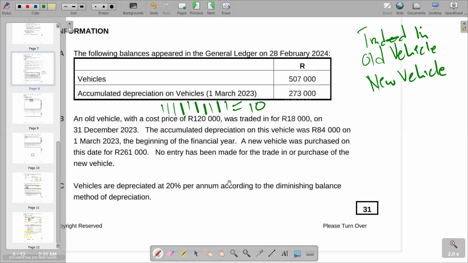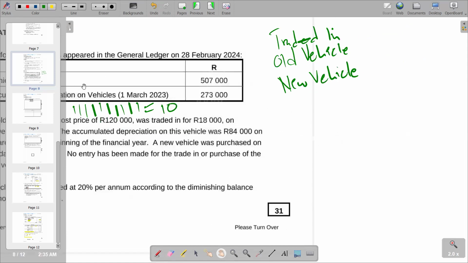Now the calculation of its depreciation. Remember, our method is diminishing balance. The diminishing balance formula says percentage times carrying value, where carrying value is cost minus accumulated depreciation.